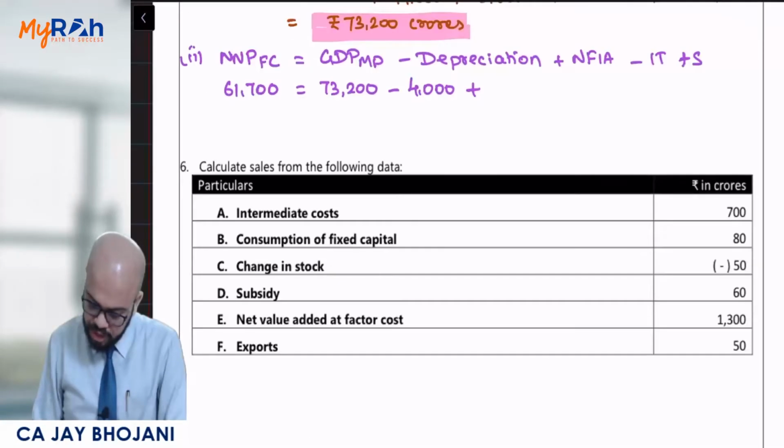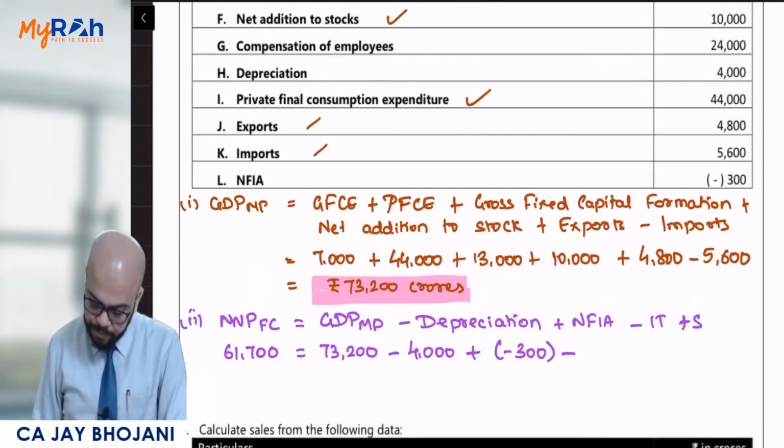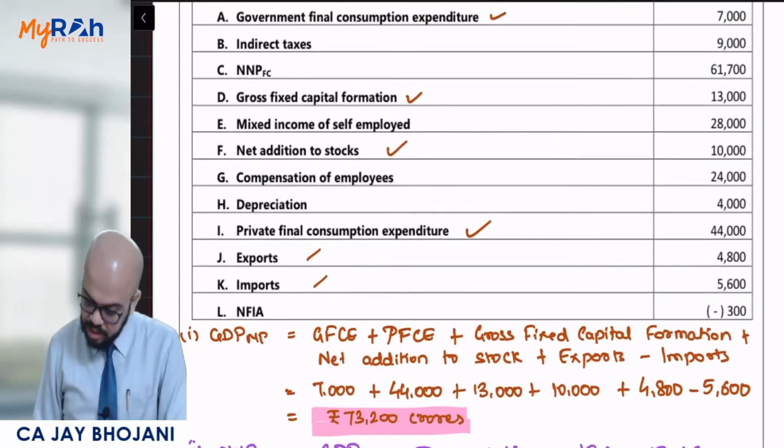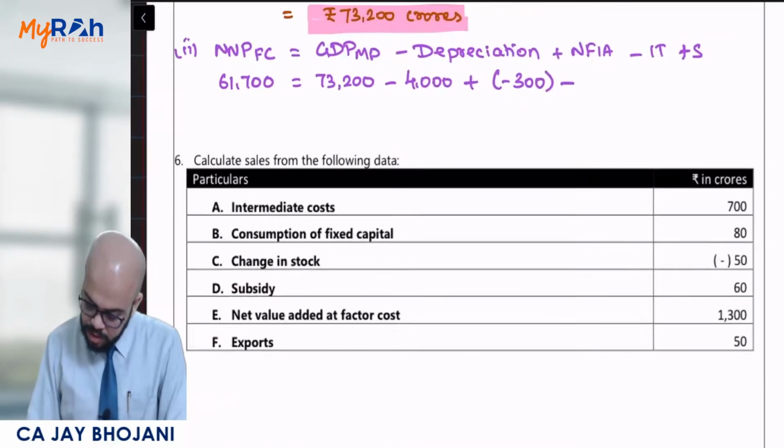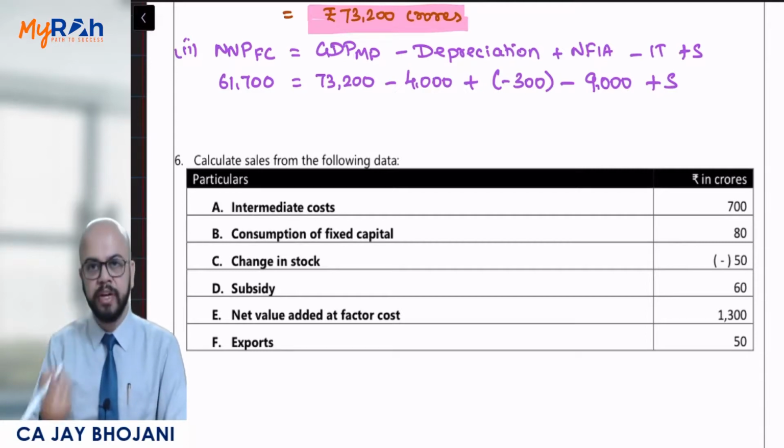NFIA is how much? Negative 300. So this is going to be minus 300 minus indirect taxes. How much? Indirect taxes are 9,000 and subsidies we are supposed to find out. But I think now we can easily find out subsidies.